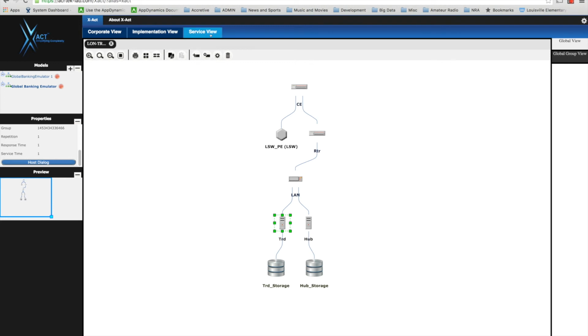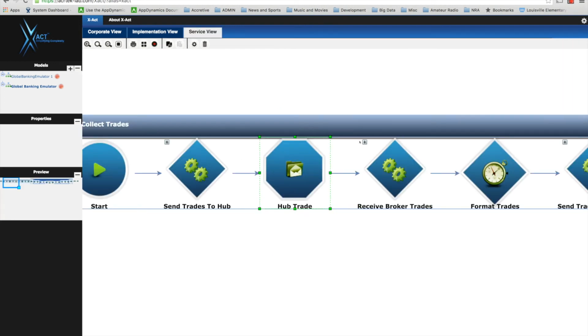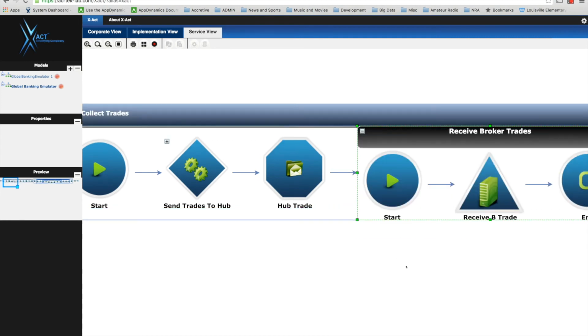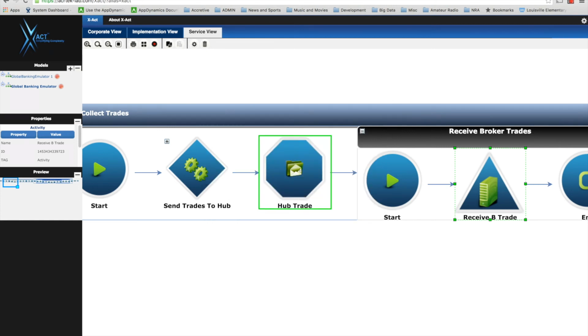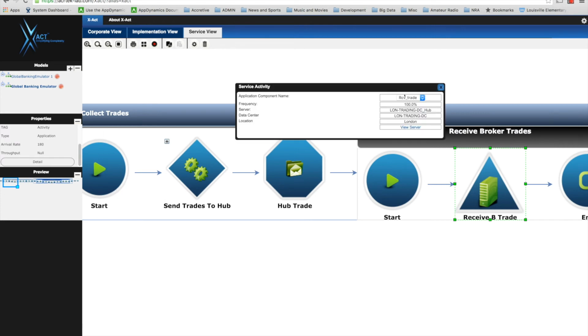If we go back to the service view, and look at the receiving side of this message, we can find that it's this component. I can have multiple components that are represented by this process flow on multiple servers.